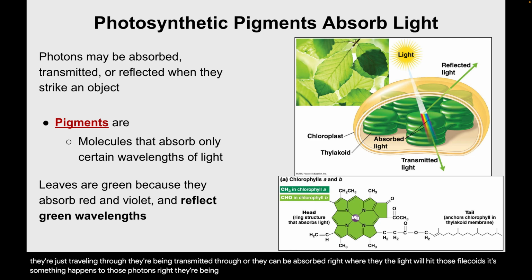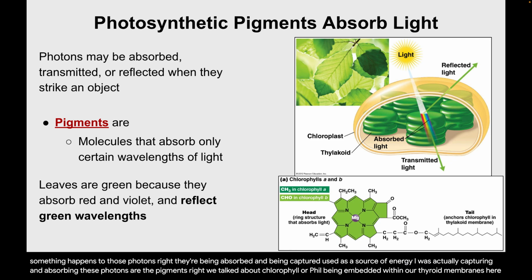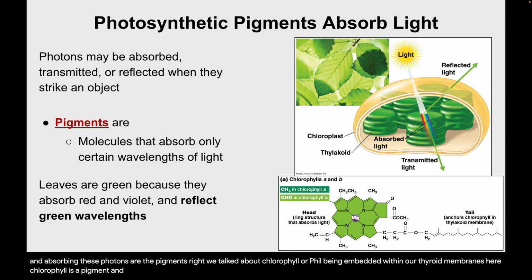They're being absorbed and captured, used as a source of energy. What's actually capturing and absorbing these photons are the pigments. We talked about chlorophyll, embedded within our thylakoid membranes. Chlorophyll is a pigment, and a pigment is a molecule that will absorb only certain wavelengths of light.